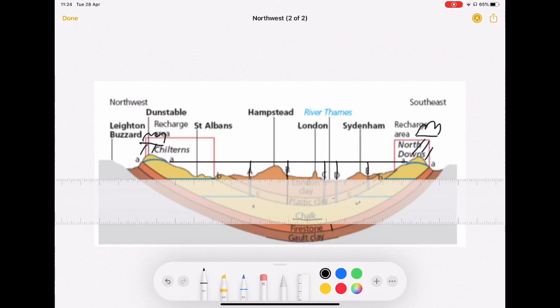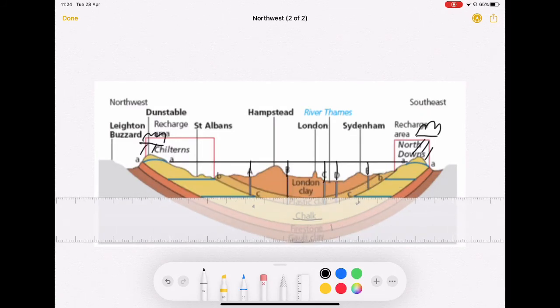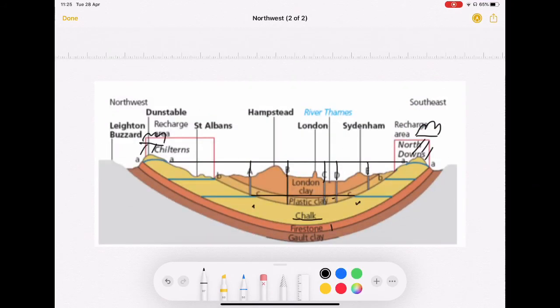If we go all the way down to the third one, C, in this situation none of the wells are artesian, because the potentiometric surface is lower than the actual surface of the land. So for, say, wells C and D, and B, the water will be in the well at that height, but it won't be rising to the surface.